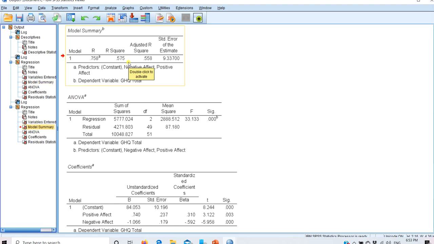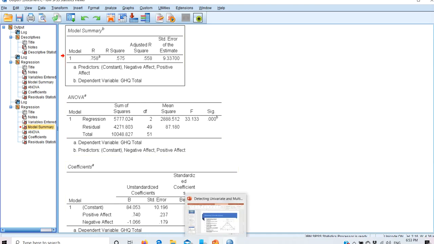So it is almost 2%. So I said that if the change in R square is not more than 2%, then we can keep the outlier. And if it is more than 2%, then we can remove the outlier.